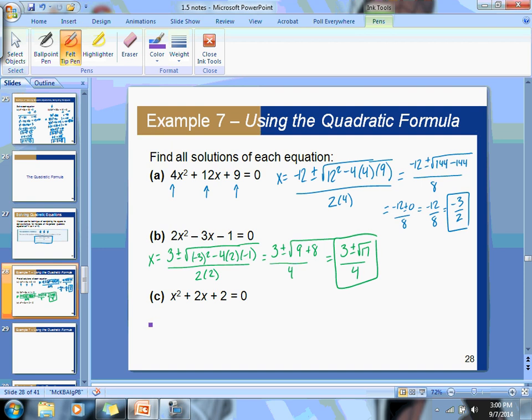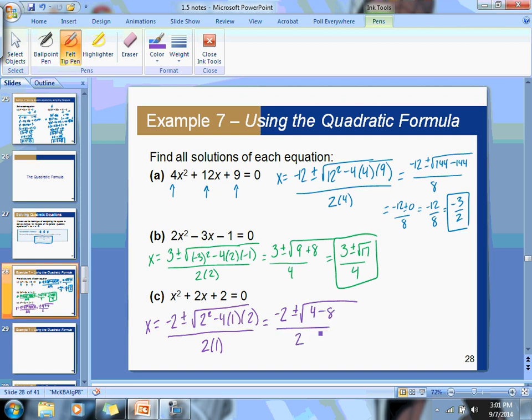So when I substitute, I'll have x equals opposite b plus or minus the square root of b squared minus 4 times a times c, all divided by 2a. So again, I'm going to simplify inside my radical, just like I'm doing order of operations. So that's going to get me 4 minus 8 all over 2.